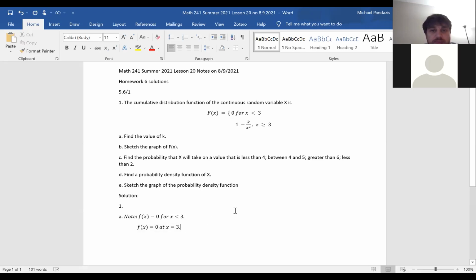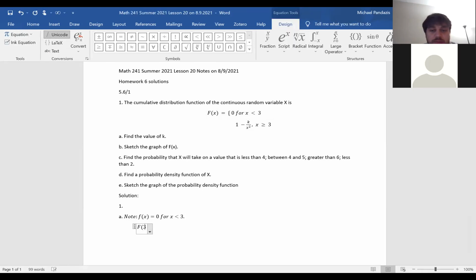How do I put this? Let me put it this way. Capital F of 3 is going to equal 0, because the cumulative distribution is 0 up to 3, and it has to stay 0 at x equals 3.